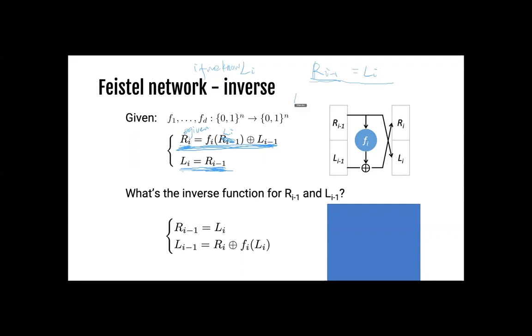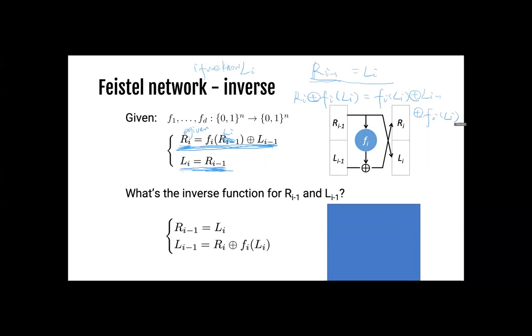So you will have Ri XOR Fi Li equal to Fi Li XOR Li minus 1 XOR Fi Li.